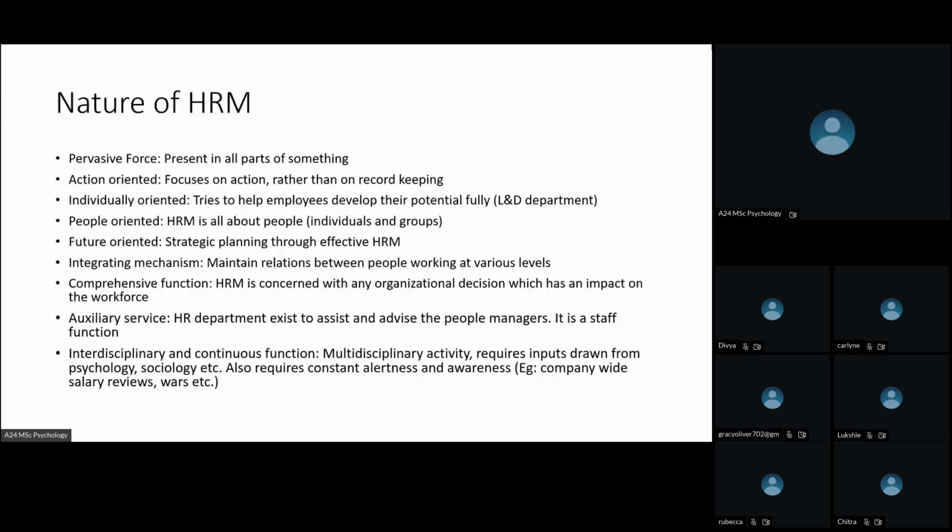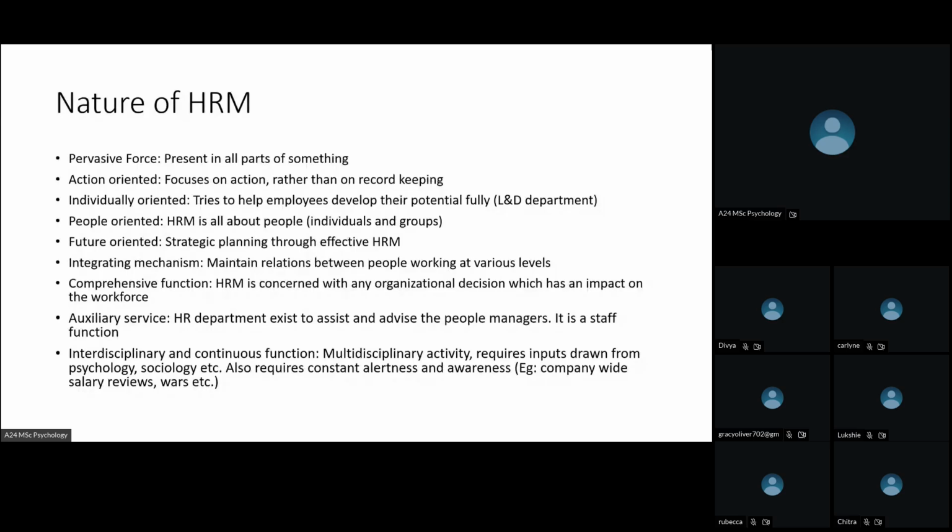The next point is that it is individually oriented as well. We can also add development oriented in the same point, because human resources is a team, especially the learning and development department. Some companies call it the training and development department, some call it the learning and development department. That specific department actively tries to help employees develop their potential fully.